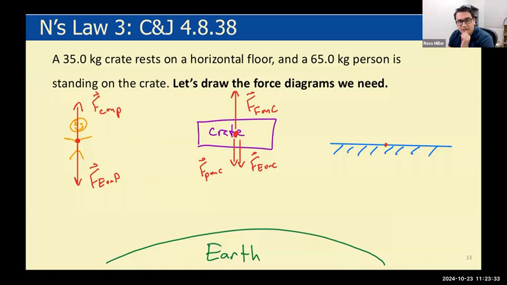And then there's the earth below it, right? So there's the weight of the earth. There's earth on floor. The floor is not moving either. So there's crate on the floor, and then there's got to be a sub layer of the earth.